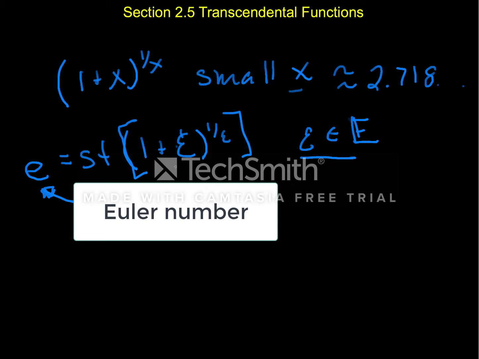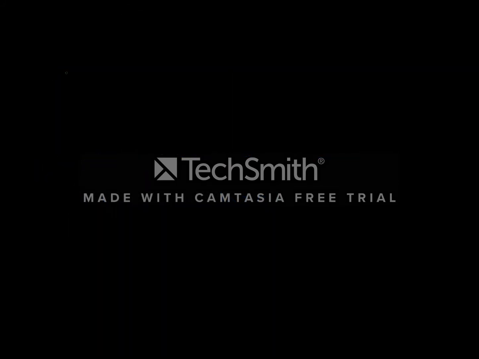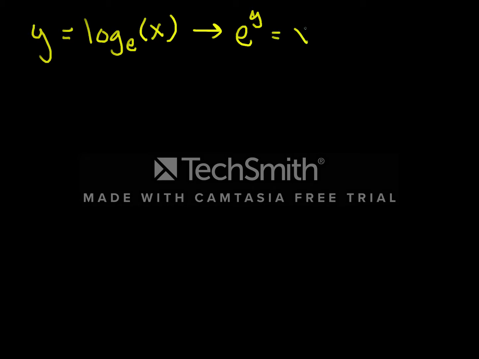Now that we have this definition, we can go about and define what the derivative is of the log base e of x. So if y equals log base e of x, this means that e to the y is equal to x.